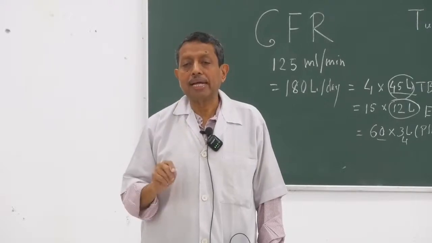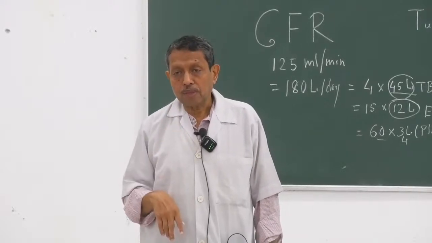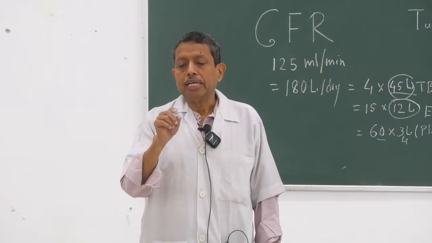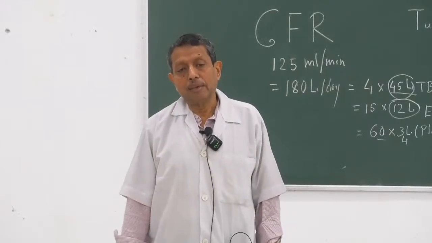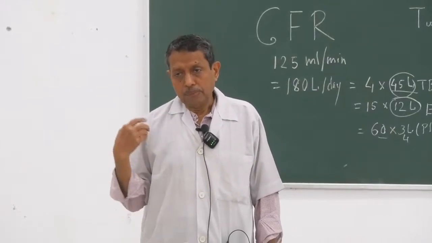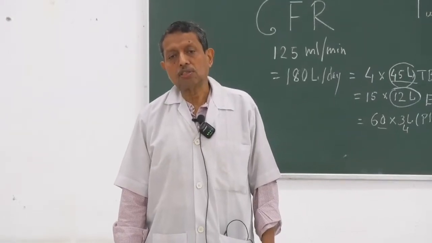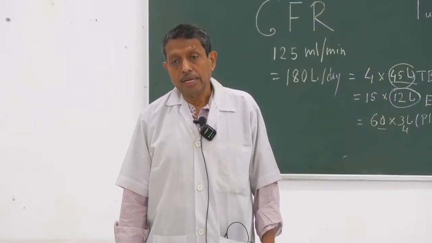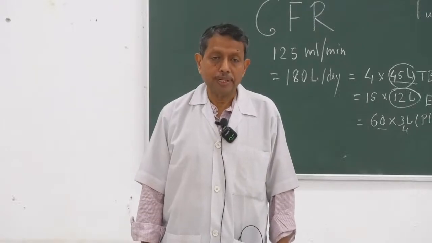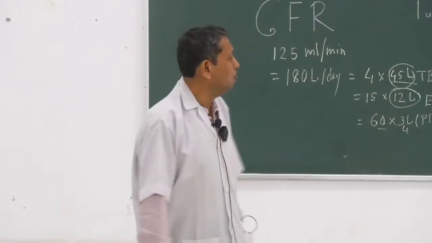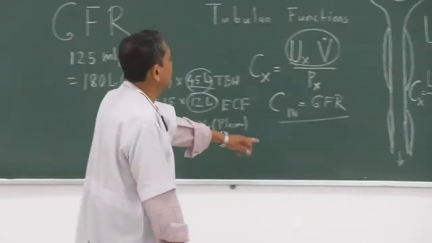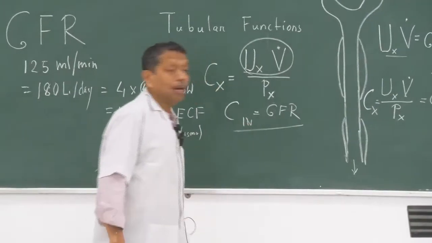So from this you can get the Ux value, and in between time you take a peripheral venous sample, because it is not utilized by the body. Its concentration is the same everywhere, in the arterial plasma or venous plasma. And if you then use this formula, you get the glomerular filtration rate.